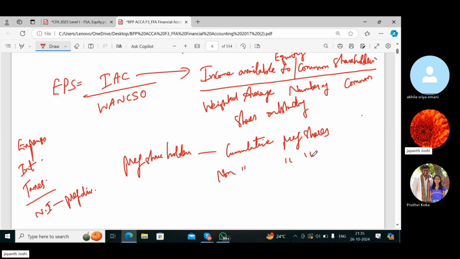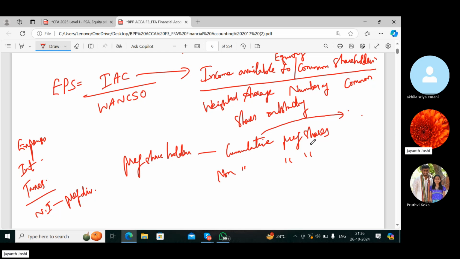Now the point here is, cumulative preference shares are such kind of preference shares to whom dividends, if not given this year, will be given next year. So it is always understood that whether the company declares the preference dividends to them or not, it is presumed to be earned by them.